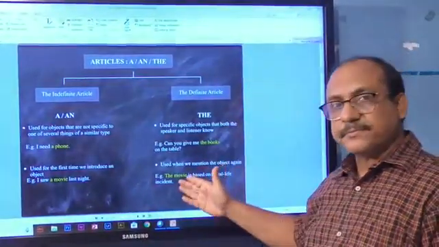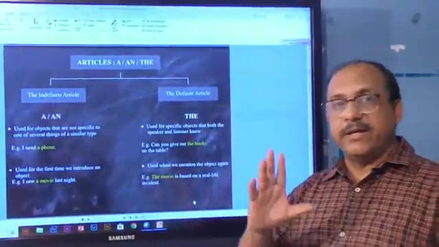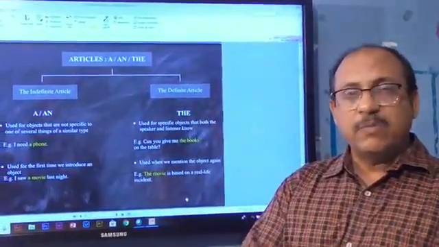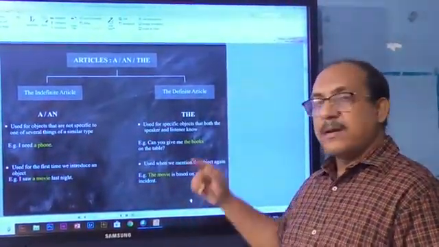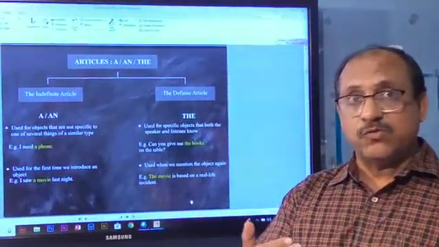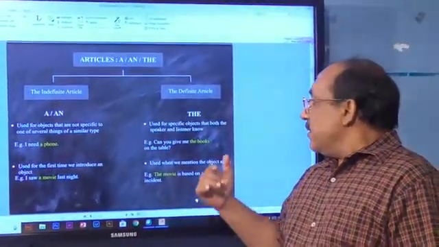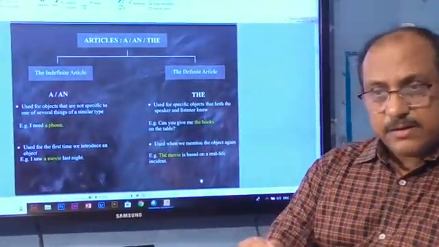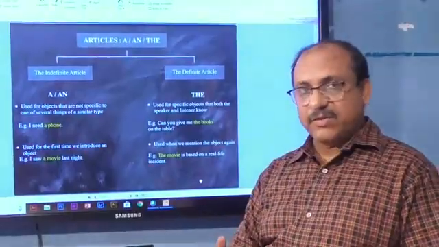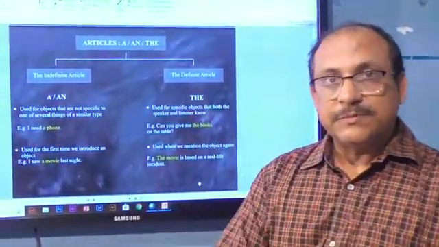Coming to this part, the is the definite article. It tells about some particular thing, place or person. Here both the speaker and the listener know. Can you give me the book on the table? So the speaker wants a book and the listener is to give the book.